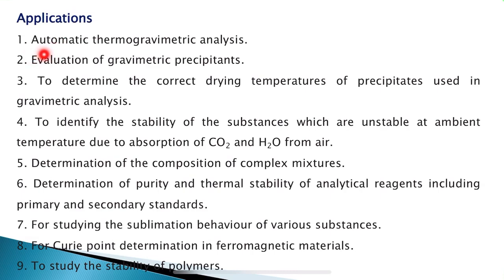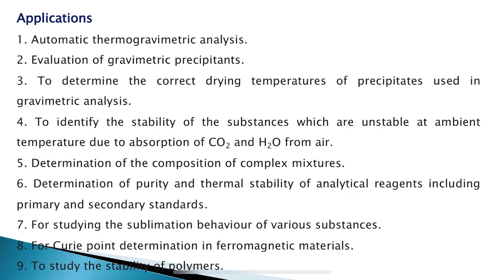The first one is automatic thermogravimetric analysis, which gives us information on changes in physical and chemical properties of the sample under examination, and helps determine the correct drying temperature of precipitates used in gravimetric analysis.